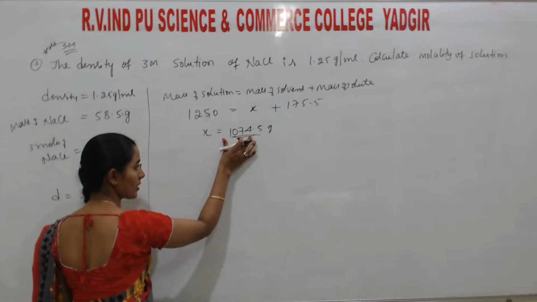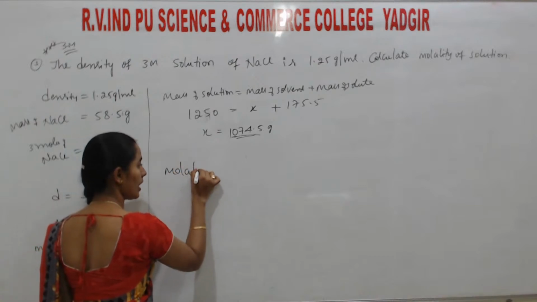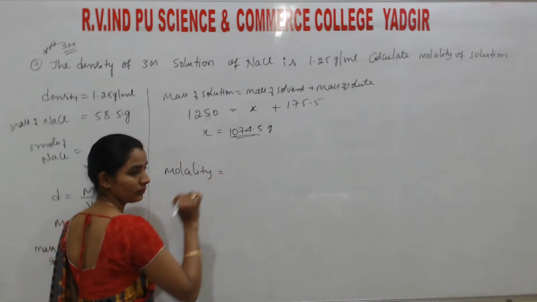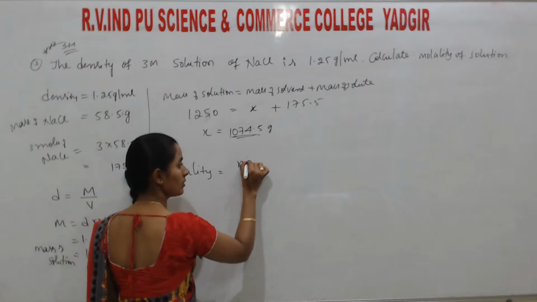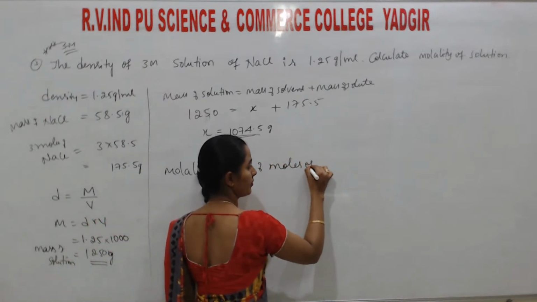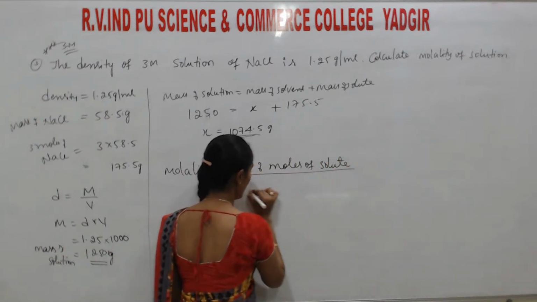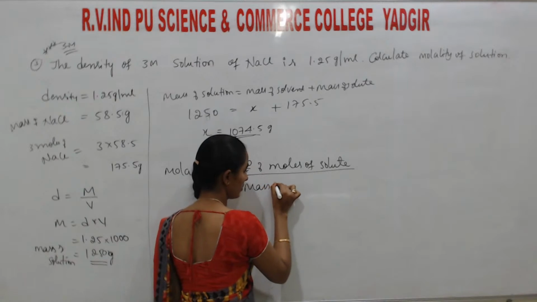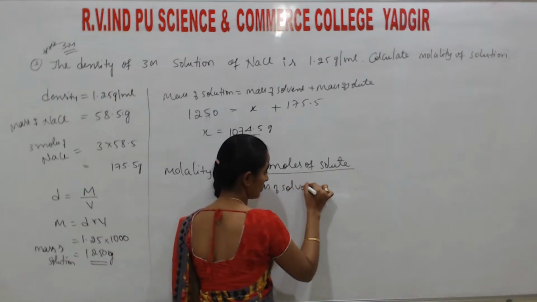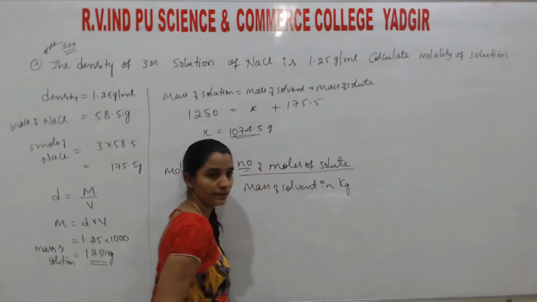Next, once we got the mass of solvent and number of moles, apply the formula molality. Molality means number of moles of solute divided by mass of solvent in kg.